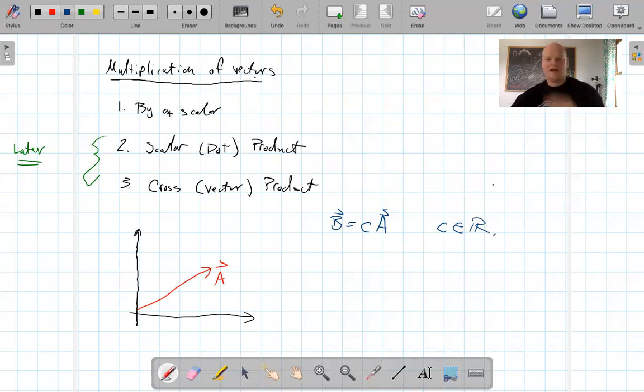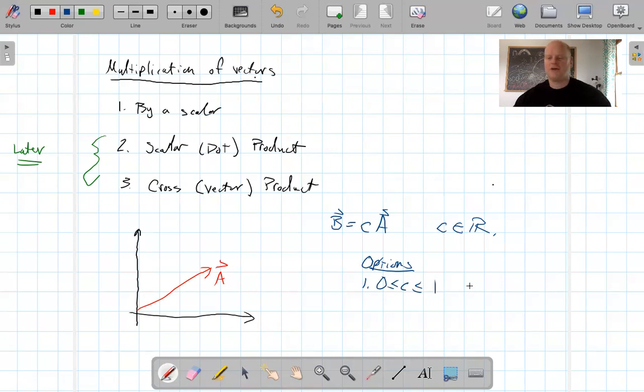Basically, we have three options. Option number one is that our scalar quantity can be some sort of positive value, but less than 1. So C is somewhere between 0 and 1.